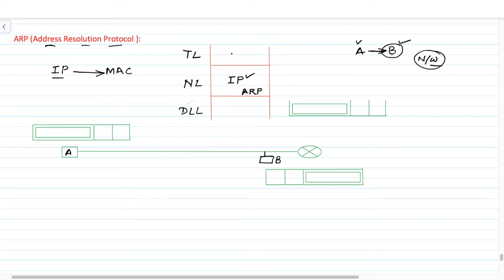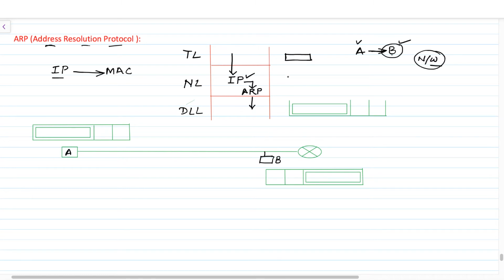Means a segment will be coming from the transport layer to this IP. After that, the IP layer is going to forward it to ARP, and ARP will forward the same to the data link layer. So this is the actual process of how ARP comes into the picture. So suppose we have a segment at the transport layer.